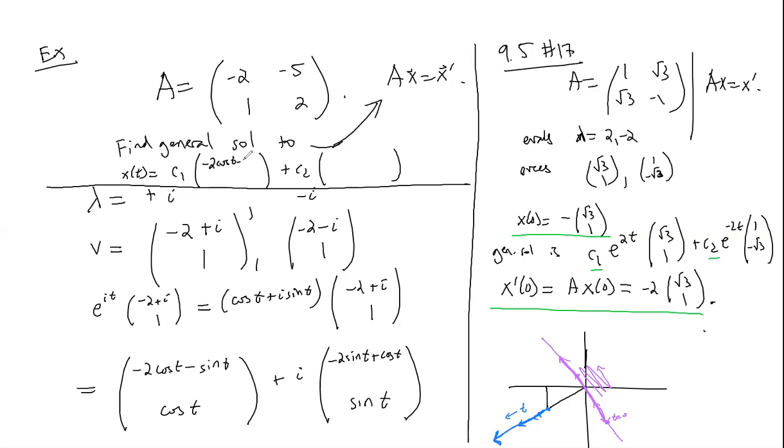If you want, you can scale these or clean them up some way. But these will be two solutions. You could add like 2 copies of this one to that one if you want, or something. But yeah, these are your solutions.